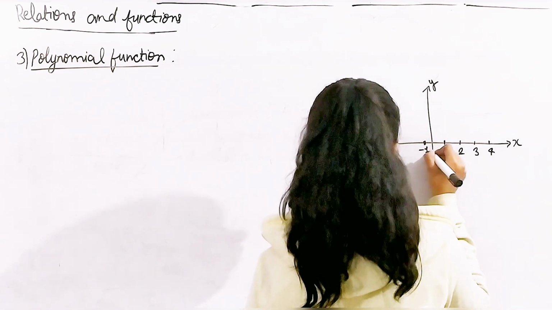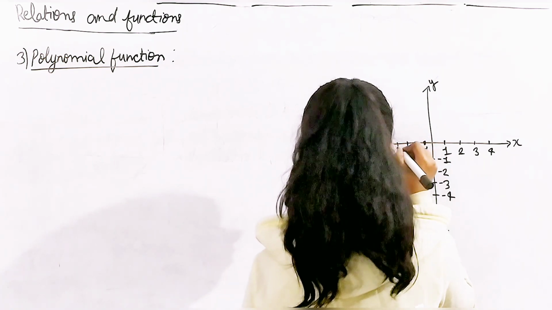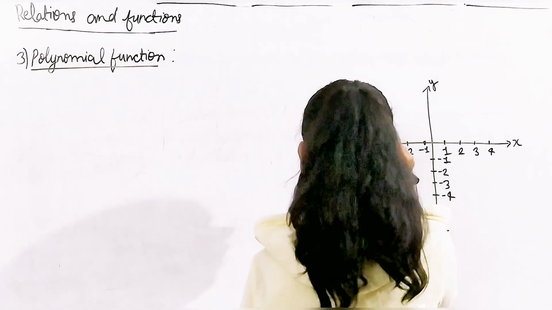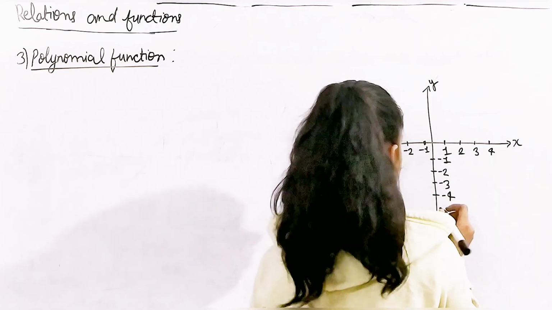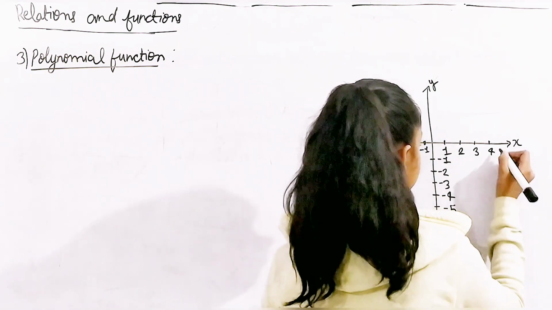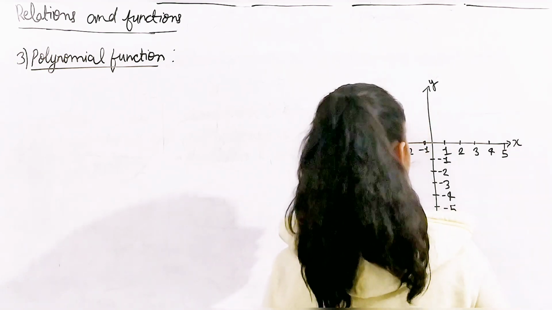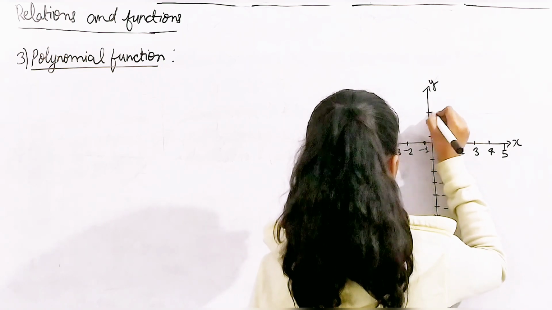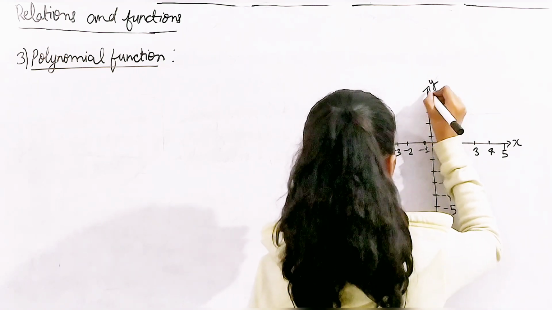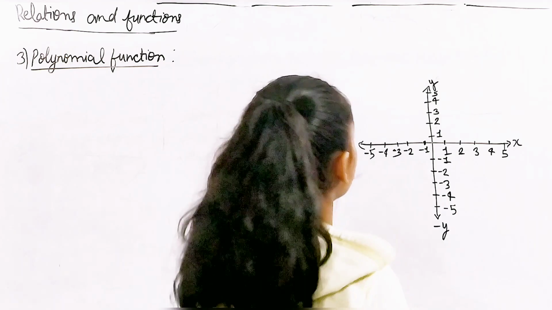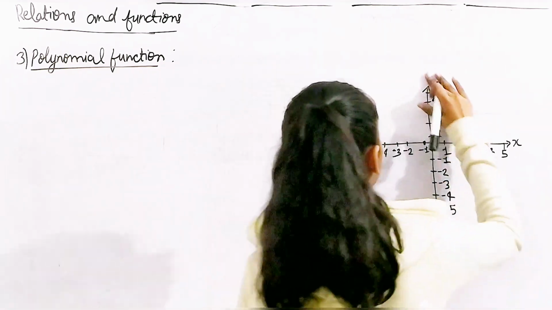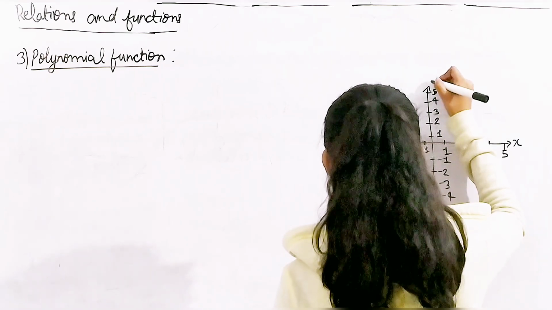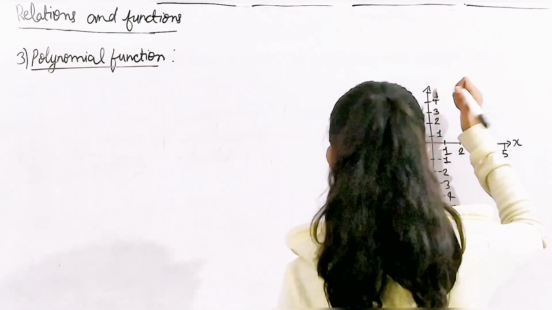Let's say here we have also negative 5. And here we have 1, 2, 3, 4, and 5. Let me write it just a little. Wait a second.